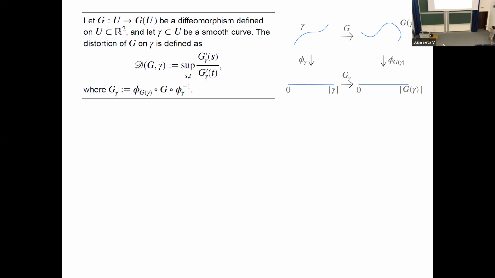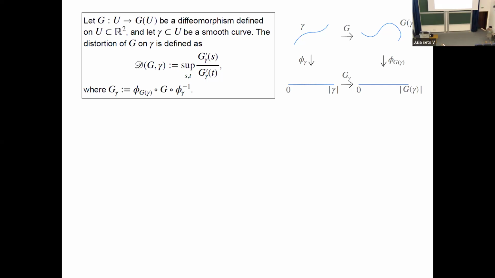So first you parameterize the curve, let's say arc length parameterization. And then in this parameterization, your diffeomorphism, you just get a 1D map going from an interval to another interval, right? And then the distortion of this map is equal to the distortion of this 1D map in the 1D sense. And that distortion is just the maximal quotient of the derivatives along this interval, right?